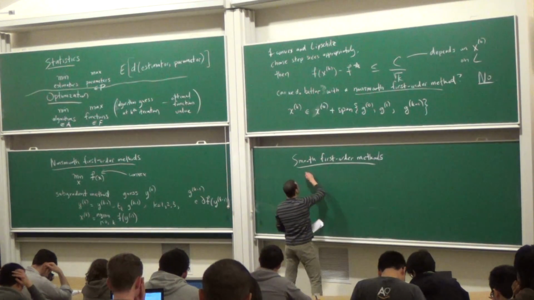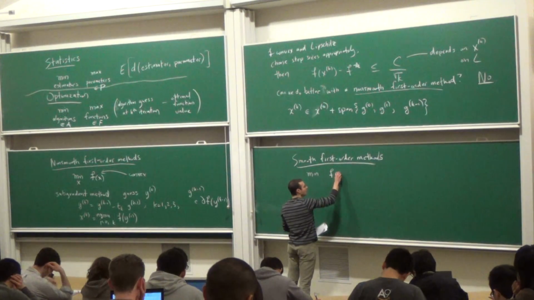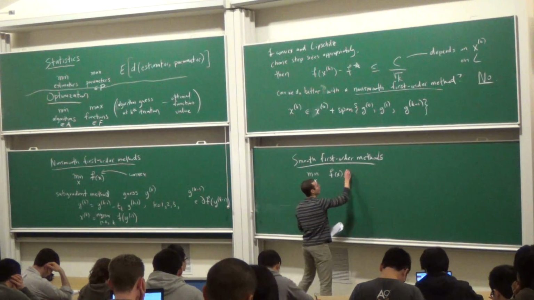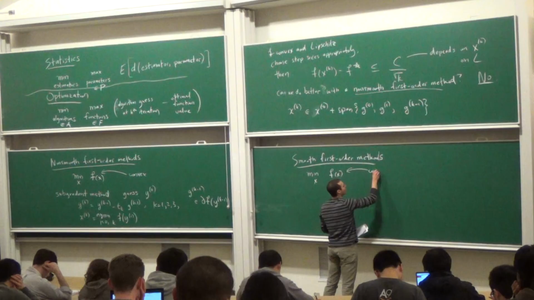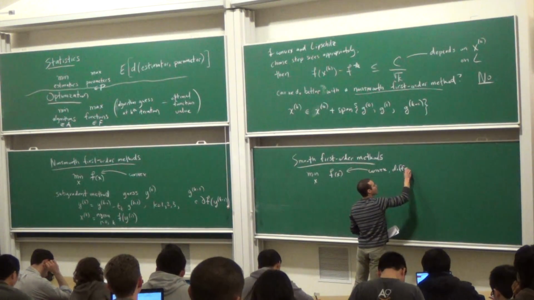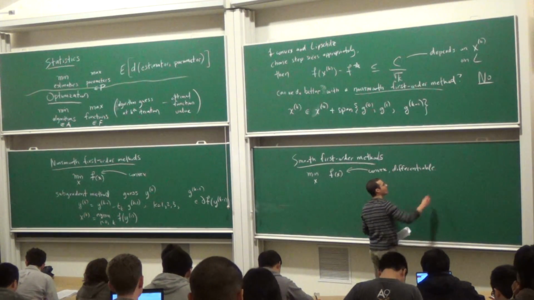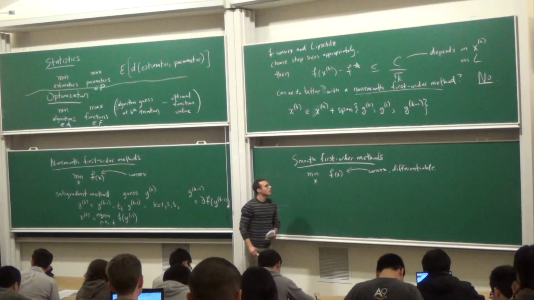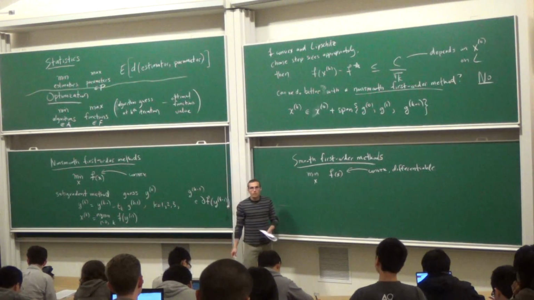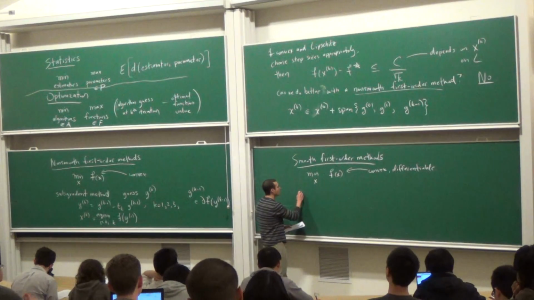Same setting, except I'm going to assume that f is convex and differentiable. And what do we do? Well, let's look at the canonical method for this. We already learned it. So it's gradient descent.